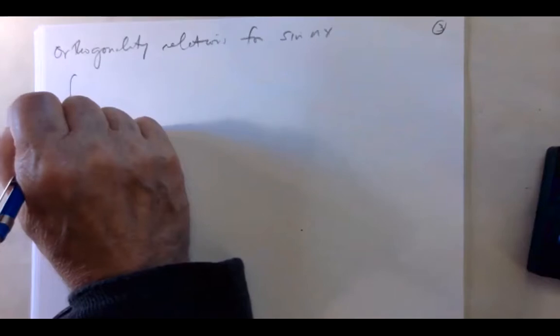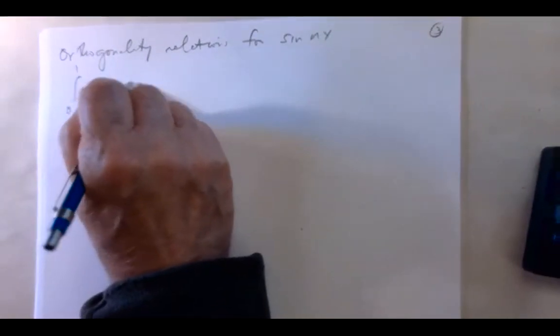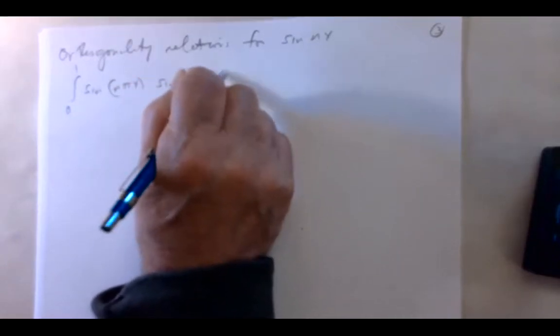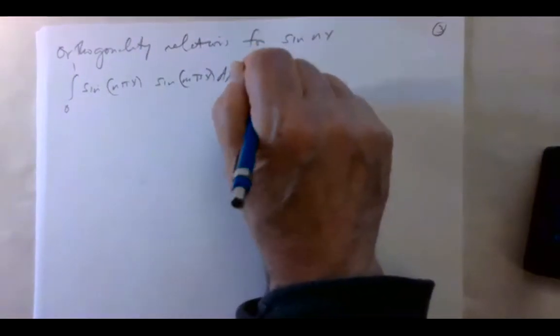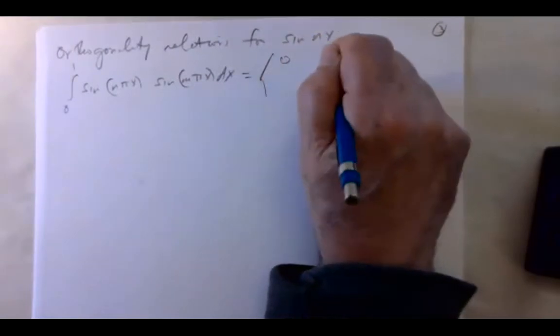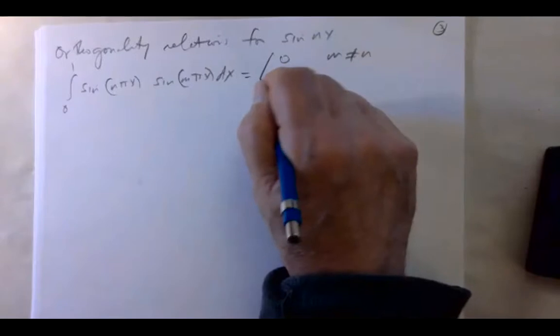We want to know what is the integral from 0 to 1 of sine of n pi x, sine of m pi x dx. I already worked this out. This is sort of a standard calculus problem. It's 0 if m is not equal to n, and it's equal to 1/2 if m equals n.